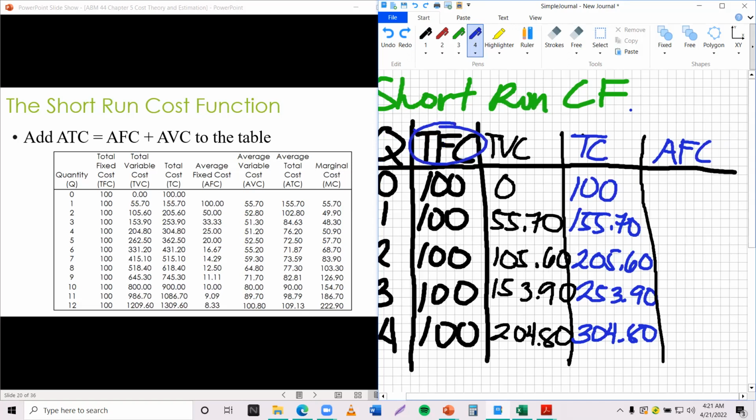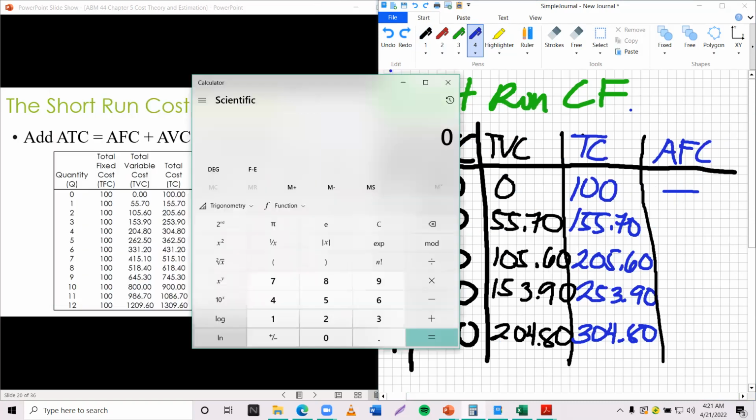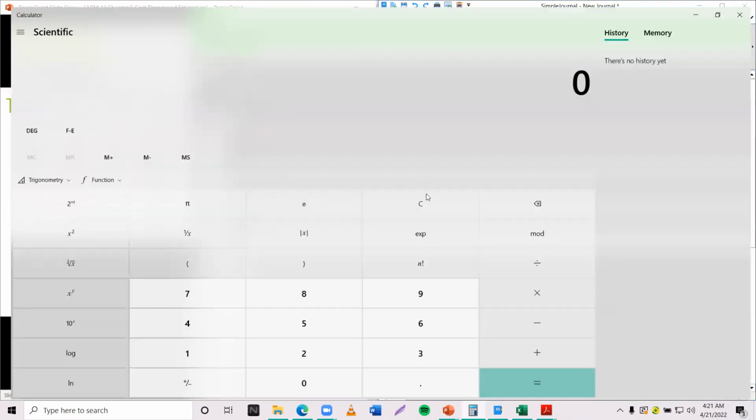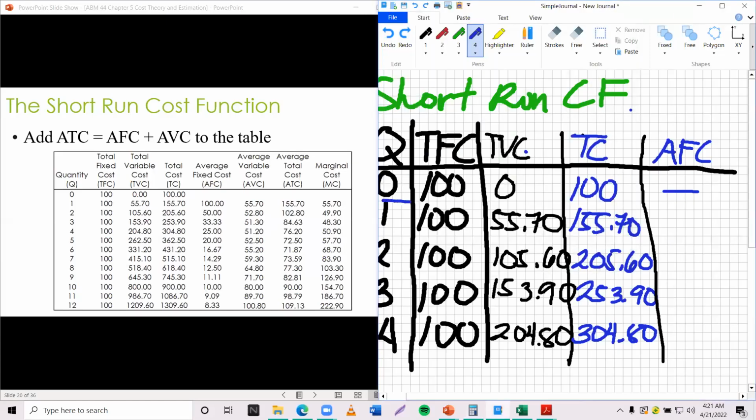So that is its formula. Let's use the calculator to make it clearer. Number 1 is 100 divided by 0, that is undefined, you can't use the formula.